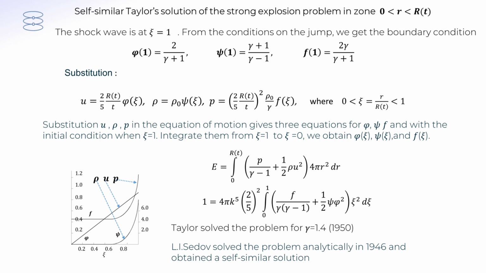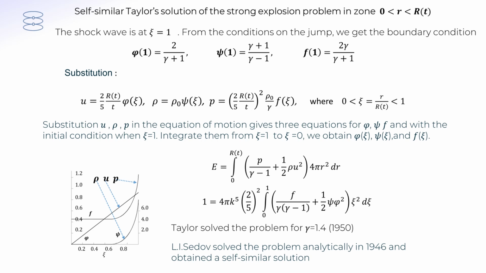Substitution of these parameters u, rho, p in the equations of motion gives three equations for these three functions. With initial conditions, you can see these conditions here. Integrating them from unity to 0, we obtain the solution.